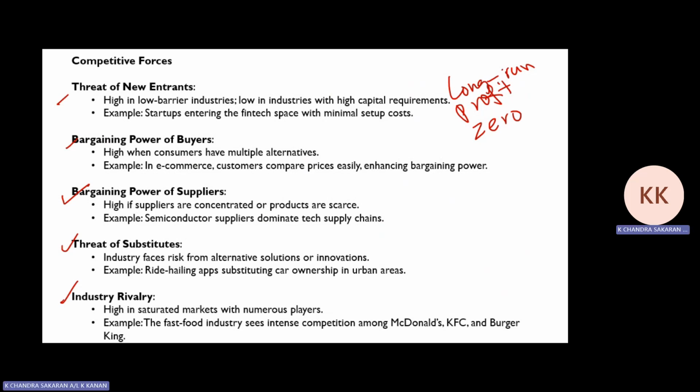Who are the competitors of McDonald's? Gloria. What else? So many, right? So many, Papa, Johnny, and so on. So many I see. This is what they call rivalry.